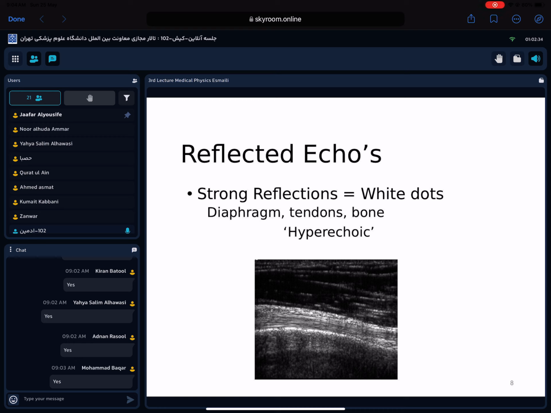Diaphragm, tendons, and bone. All these tissues and organs produce strong reflection. So we will see them as white dots on the sonogram, and we call them hyperechoic. So hyperechoic means much or too much reflection. It means strong reflection, and we will see them in a white image.